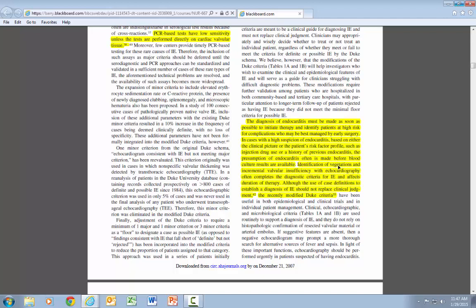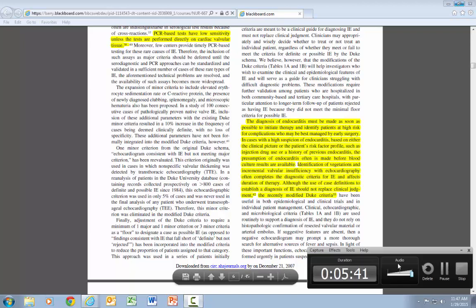Identification of vegetations or incremental vascular insufficiency, mostly regurgitation by echocardiogram, often completes the diagnostic criteria for infective endocarditis. So even though the Duke's criteria is very highly specific and sensitive, if you have a very high suspicion of endocarditis based on the Duke's, go ahead and start.